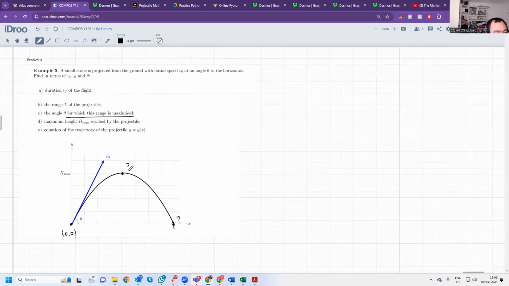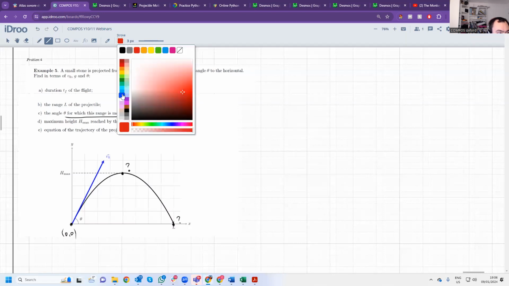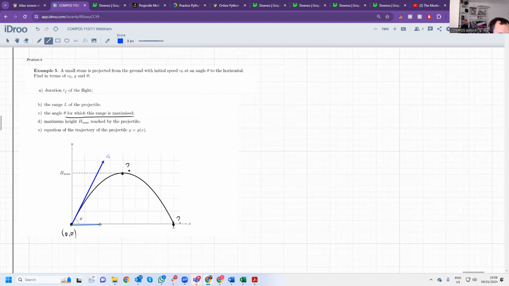So we'll find the duration of the flight first. The first thing that we do, we separate the velocity into components. We have the horizontal component of the velocity and the vertical component of the velocity. So this is going to be V0 cos theta, and this is going to be V0 sine theta.